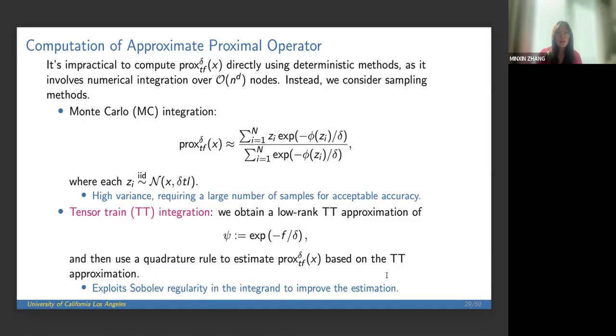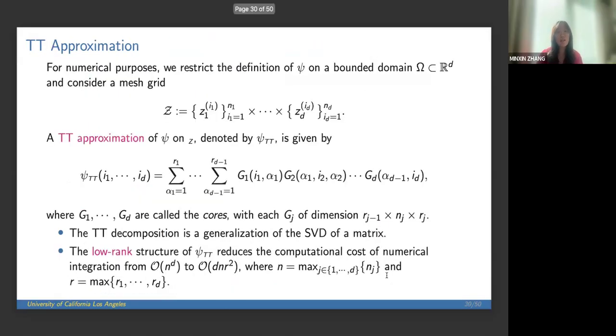So what is this tensor-train integration? I haven't taught you yet, so here's a short introduction. For numerical purposes, we view our function f as a high-order tensor by considering f and psi, which are two closely related functions. And we consider a discretization of this function psi.